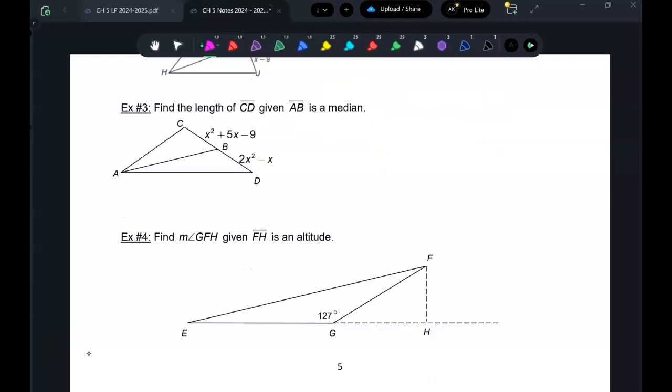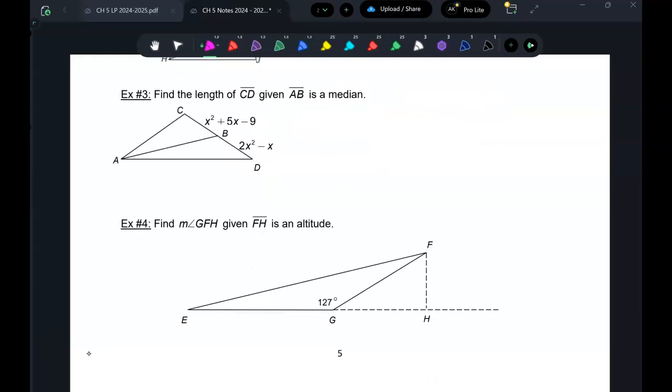That would be the median? Okay, yeah, median means that B is the midpoint. So x squared plus 5 minus 9 has to be equal to 2x squared minus x. I don't want to factor it. Okay, it's a median.